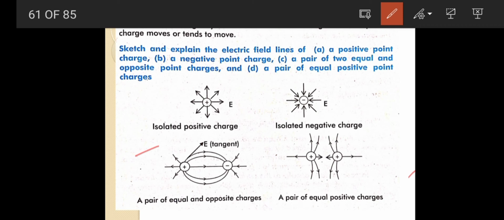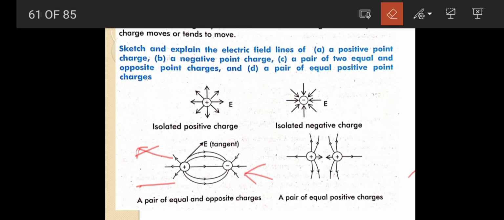We know that electric field lines always start from the positive charge and end at the negative charge. You can observe here, started from positive, ends at negative. Lines are going into the negative charge and going out of the positive charge. This is the basic information.